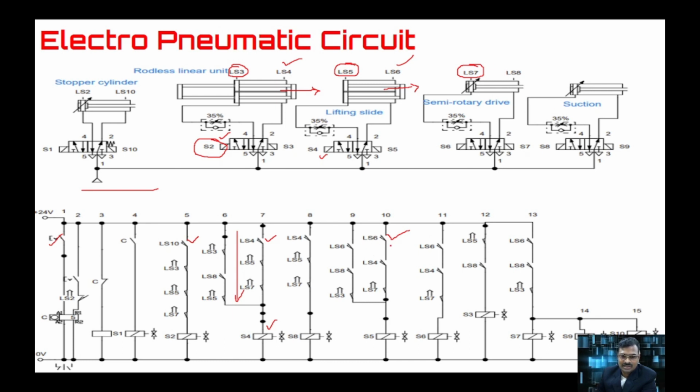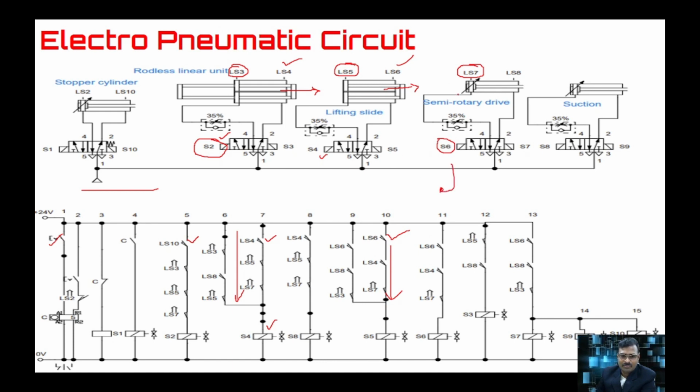So when all these three conditions are satisfied, then solenoid S5 will get signal. At the same time you can see LS6, LS4, LS7, the same signals are given here, so S6 also gets signal. That is the semi-rotary actuator, which is going to rotate in the anti-clockwise direction.